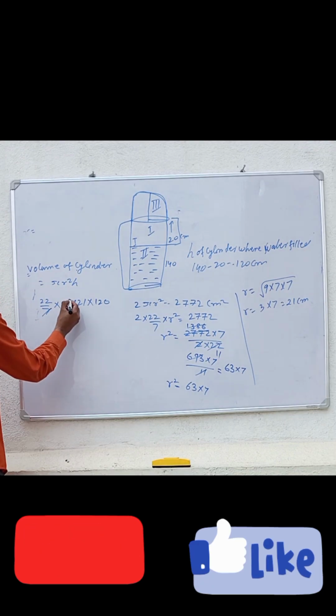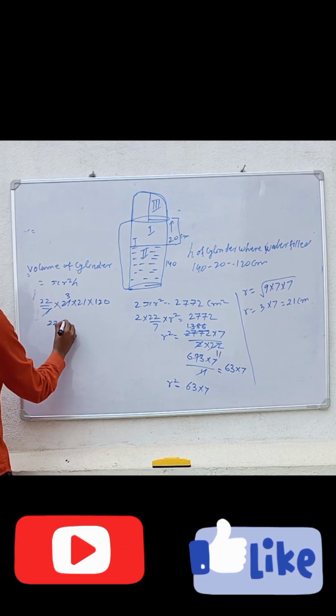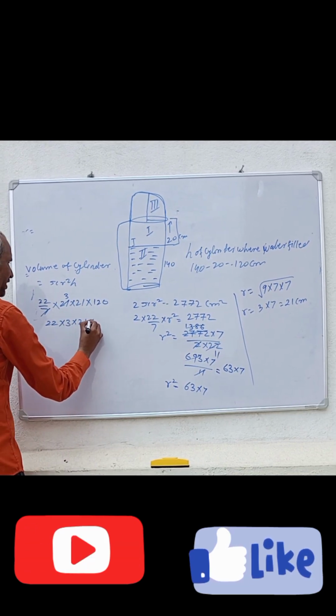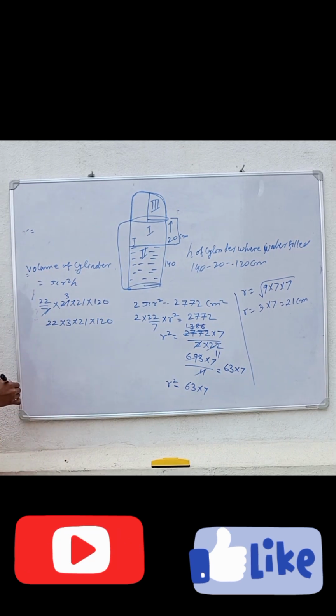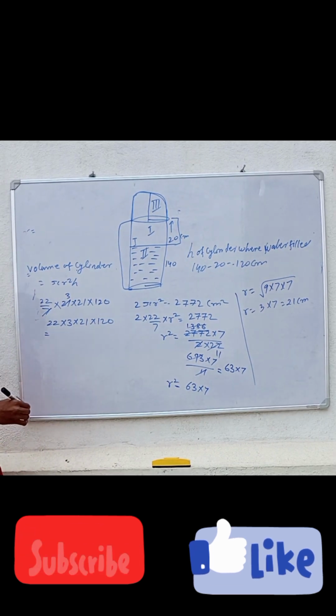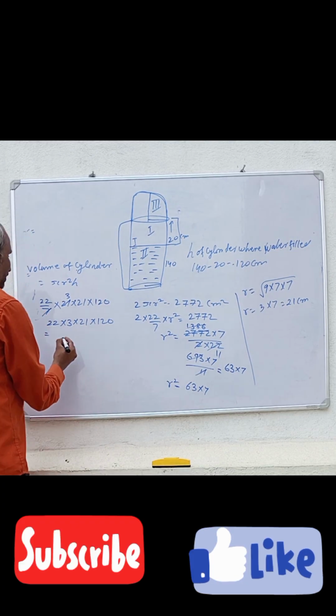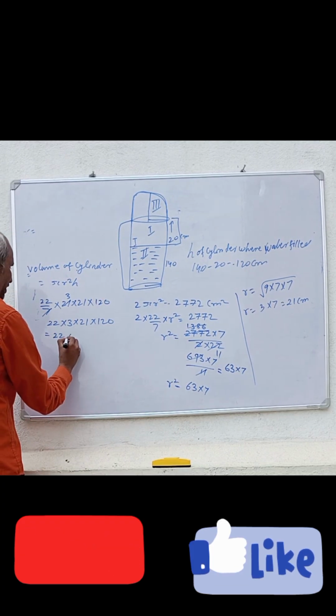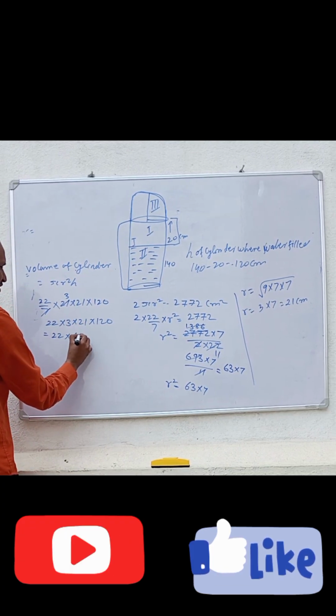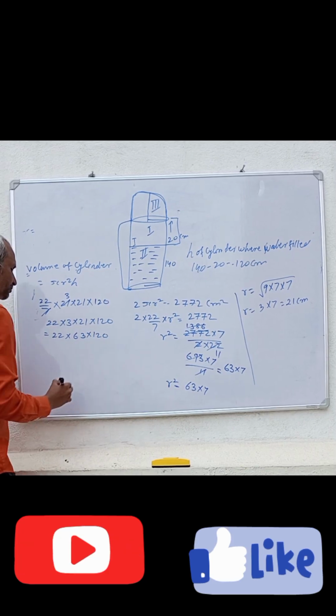We can cancel it by 3. So we get 22 into 3 into 21 into 120. Now if we multiply these numbers, that will be the volume of the water filled. Multiplying, 22 into 21 threes, which are 63, into 120.